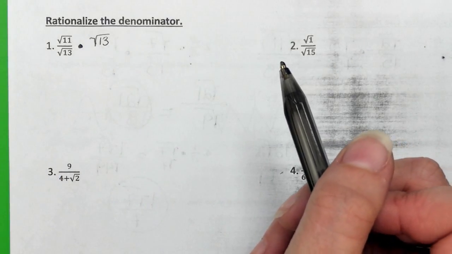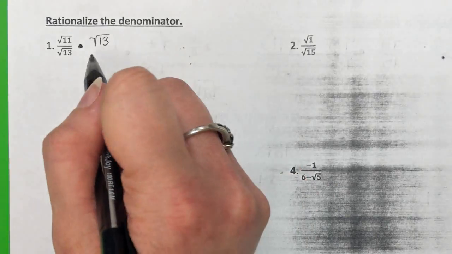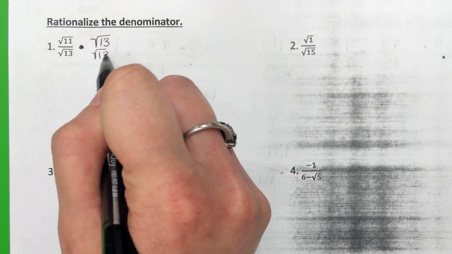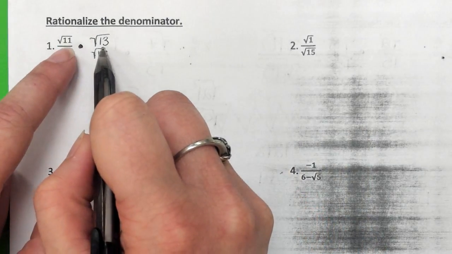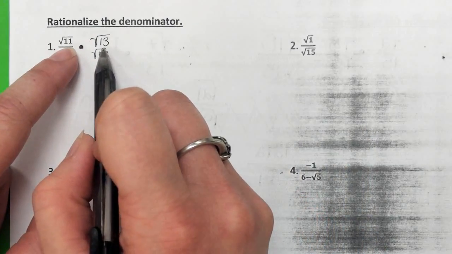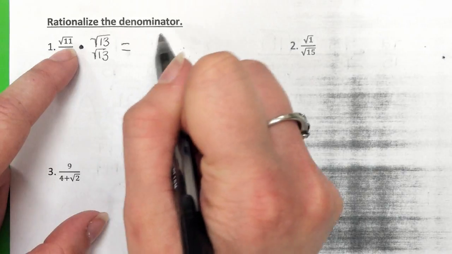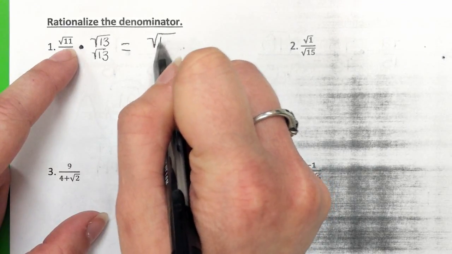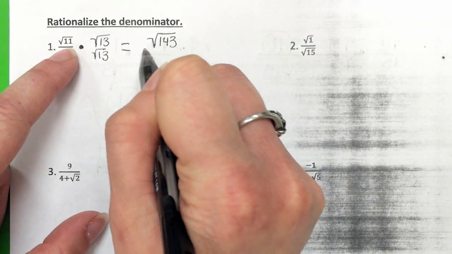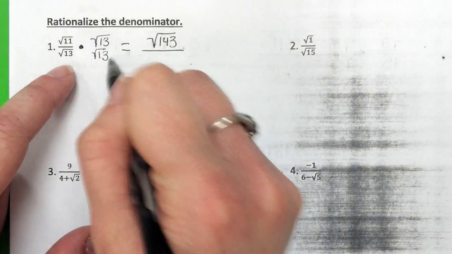And remember from elementary school, if you do it to the top, you have to do it to the bottom. There you go. All right, can I multiply 11 and 13? Yes, what would you get? 143. Square root of 143. You have to say the square root. And then the bottom is 169.